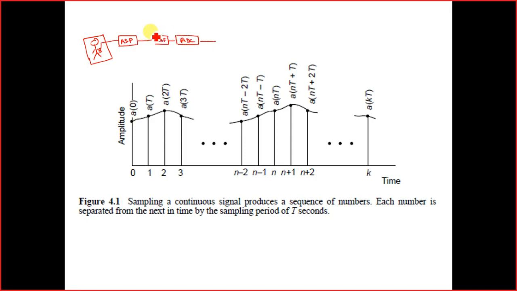Quite often this block itself is regarded as the ADC, because the anti-aliasing filter helps in band limiting the signal, and it is usually integrated with the ADC itself in most of the ADCs available in the market.